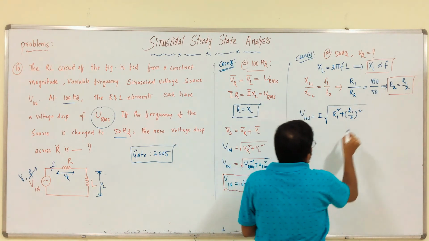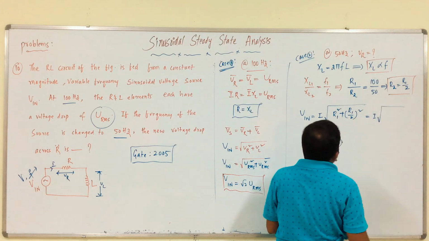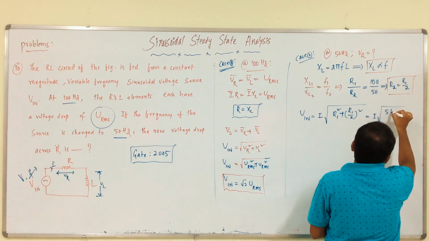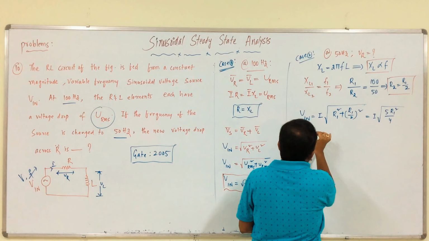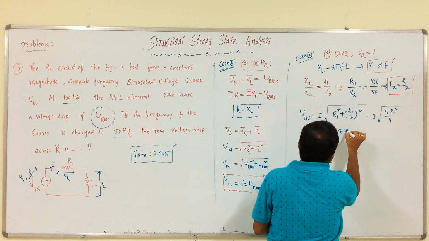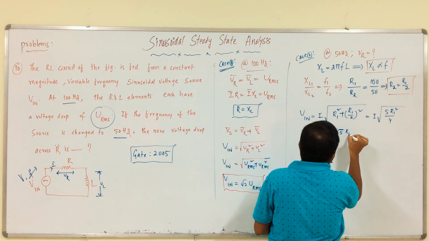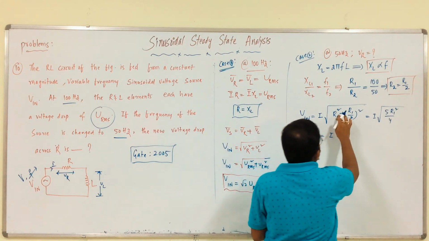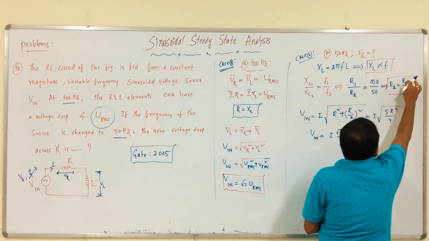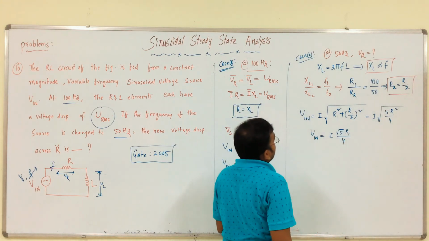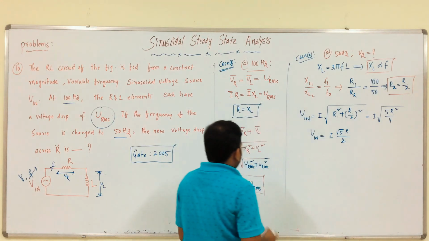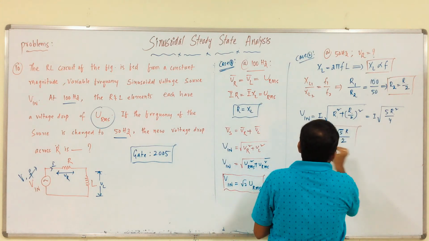From this, I into root of R1 square plus R1 square by 4, which is 5 R1 square by 4. So V input is nothing but I into root 5 by 2 times R, where R1 is R and R2 is R by 2. Clear?